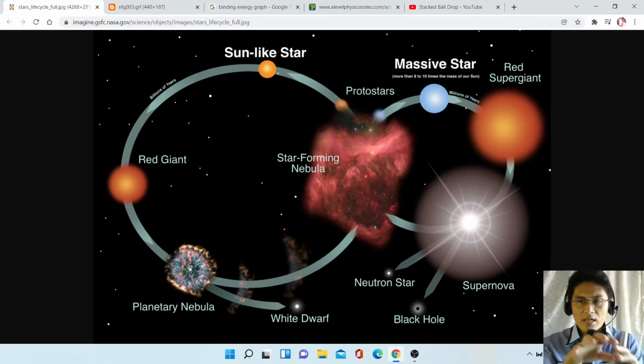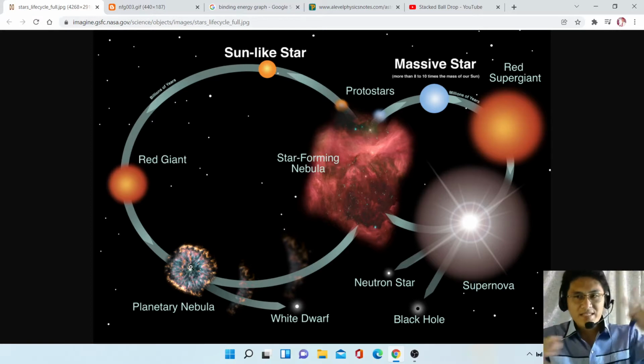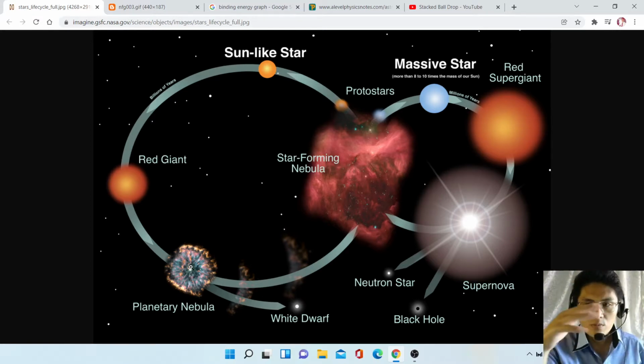So basically the outer layers will explode, or will move outwards in an explosion. For the lack of words to explain, you'll just use the word explosion. The outer layers will explode and be scattered all the way around, but the center remains a star. It becomes a white dwarf, right?